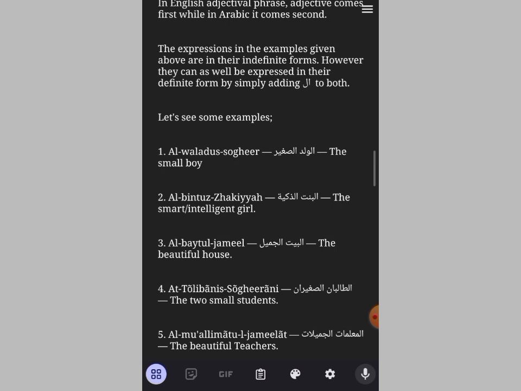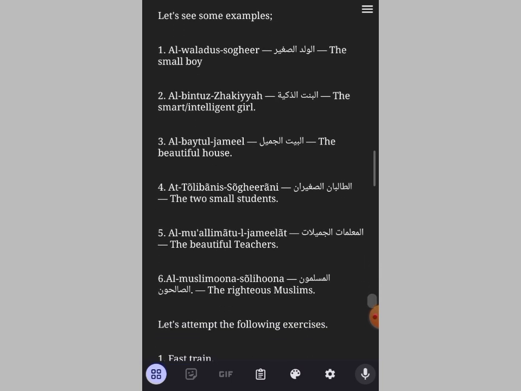The two small students: الطالبان الصغيران. Now we have the beautiful teachers instead of a beautiful teacher, or two beautiful teachers.